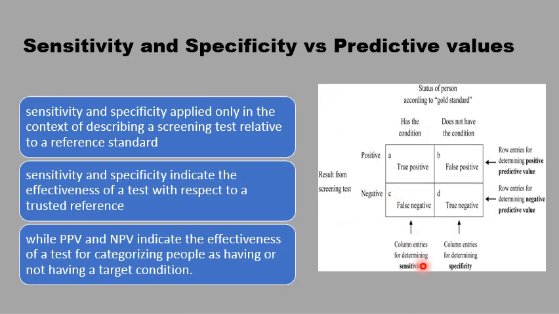The sensitivity and specificity obtained from this 2x2 table would tell us how close the results obtained from the screening test are compared with the gold standard test. It would be evaluating the effectiveness of the test. How close are its results to the gold standard?